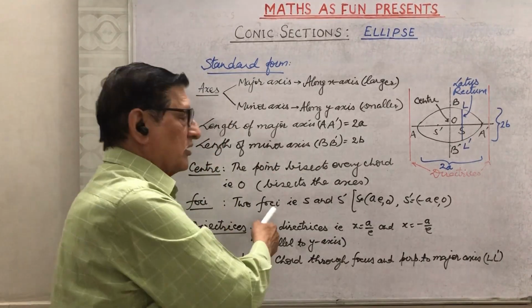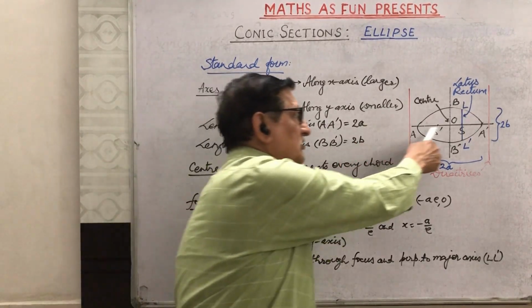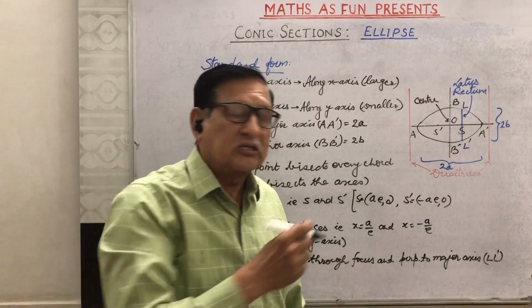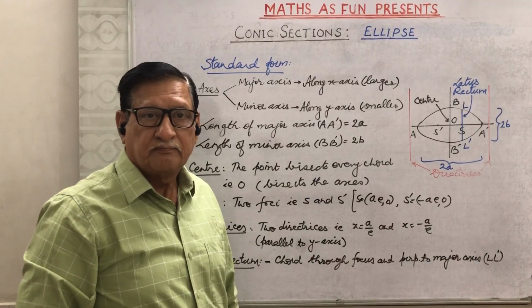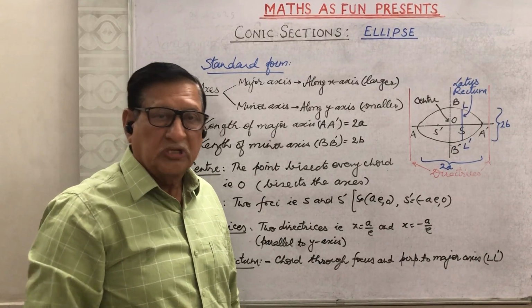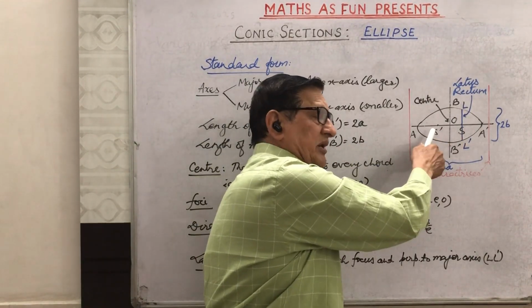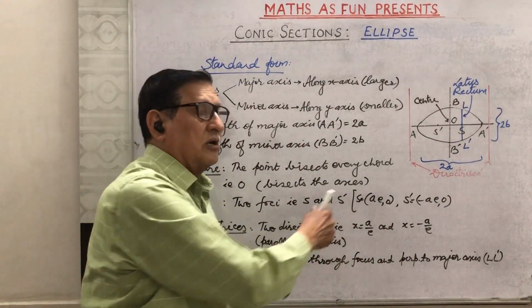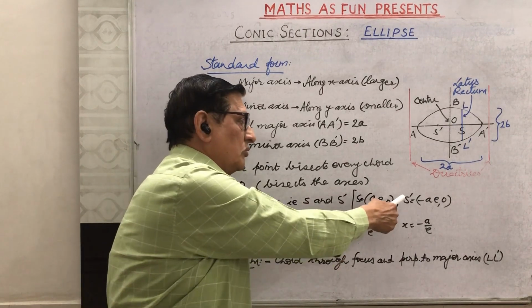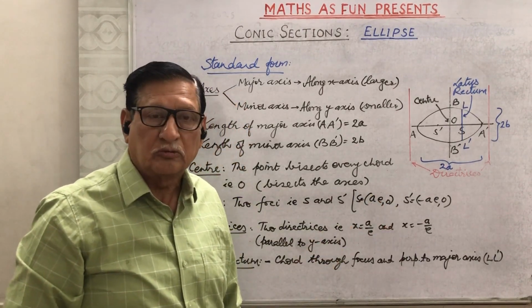What about the foci? There are two foci, and these foci are S and S dash. These two foci lie on the major axis, that is the x-axis, and the coordinates of these are (ae, 0) and (minus ae, 0).